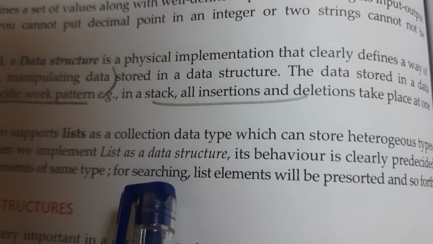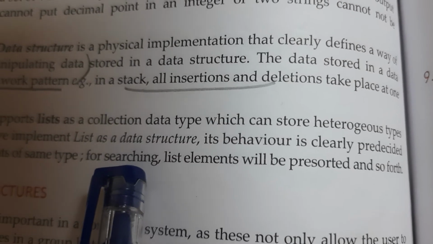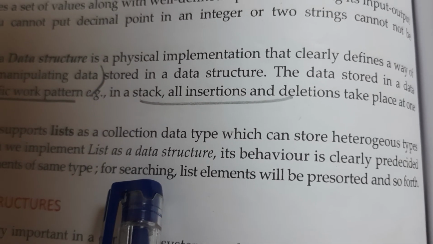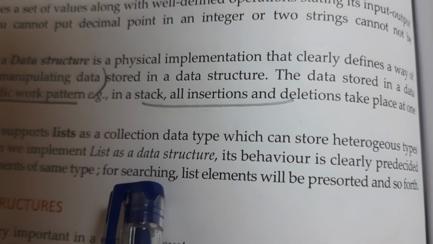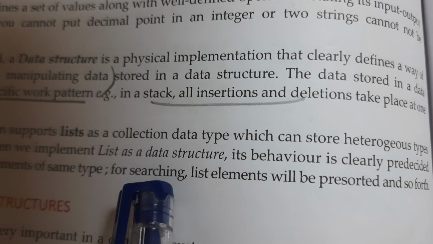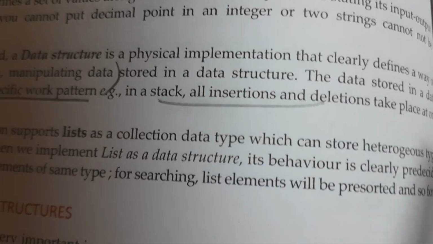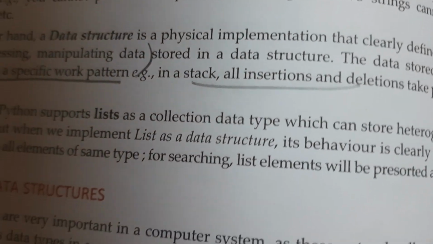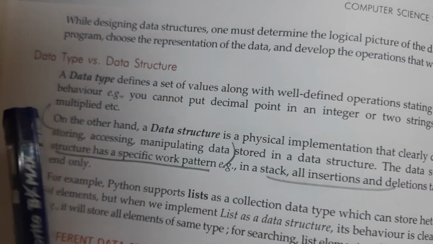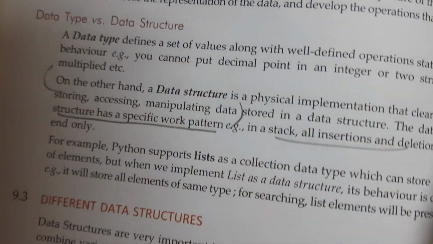So in that, list elements will be pre-sorted. Pre-sorted means when you are inputting the elements itself, you can just give the sorted array either in ascending or descending order. This is the major difference between your data types and data structures.